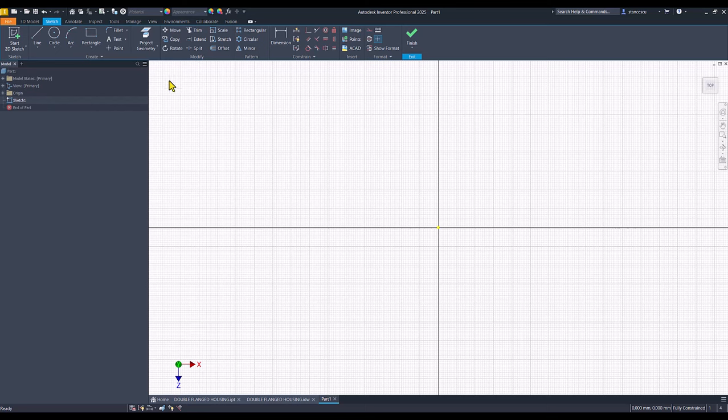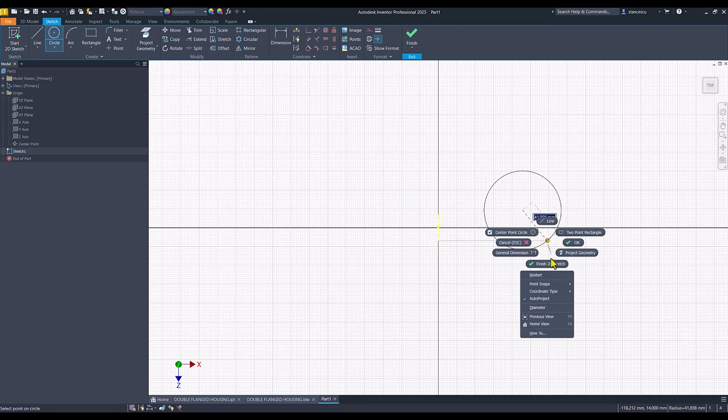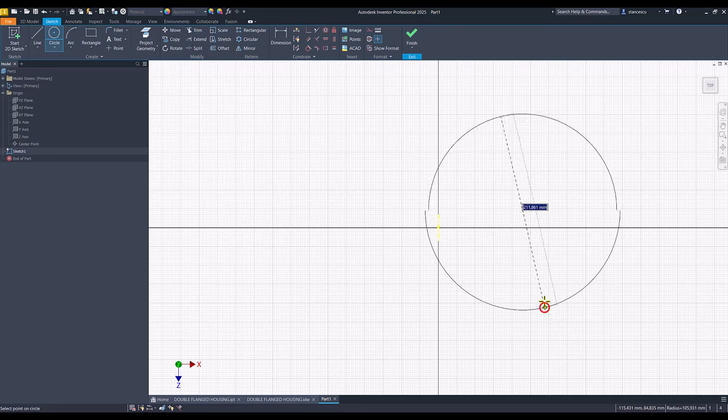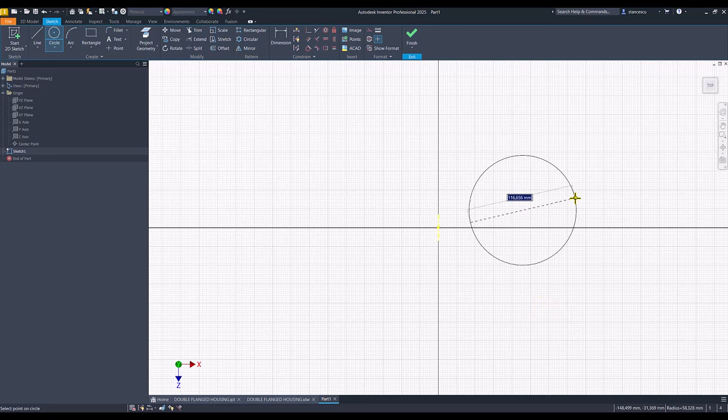I project the axis Z. I make it center line and I place here a circle with a diameter of 200.